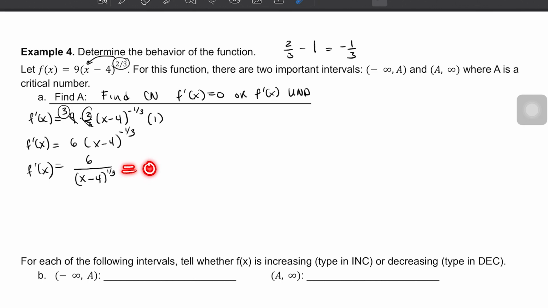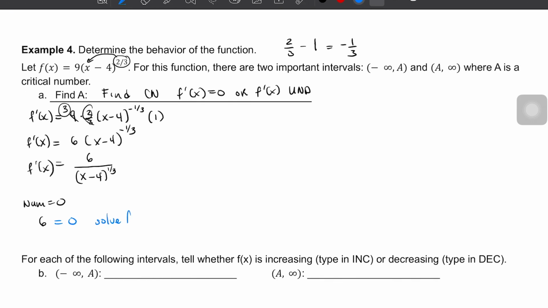The only way this is going to equal 0 is whenever the numerator is 0. So we're going to say numerator is equal to 0. It's a case where 6 is set equal to 0 and then solve for x. But there's no x. So there's no way you can find a critical number from here. In fact, there's no critical number from there.